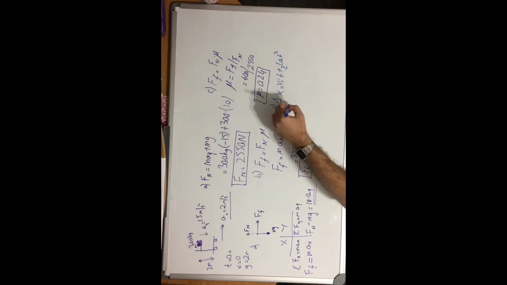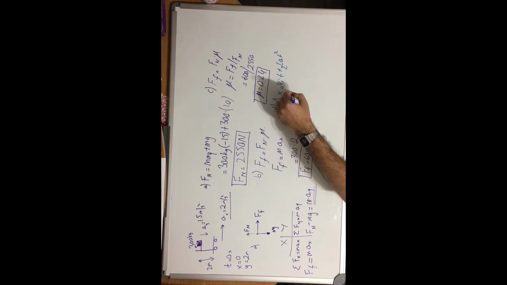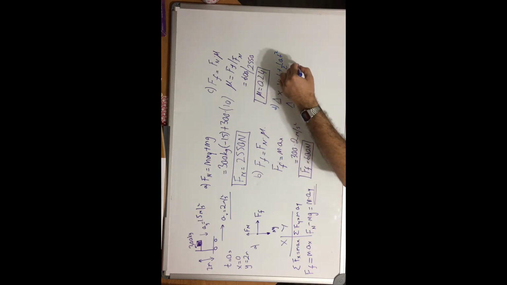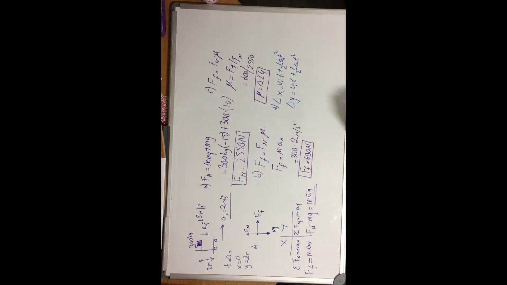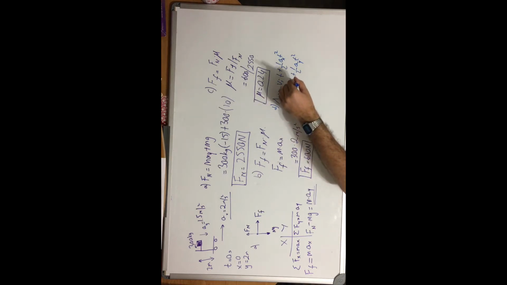And we'll do the same thing for delta y, with 1/2 a t squared. The only difference is the acceleration on the x-axis and the acceleration on the y-axis. My initial condition for both cases is velocity is 0, because my object starts from 0. So that is going to make things a lot easier for me.